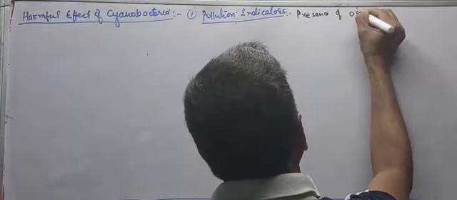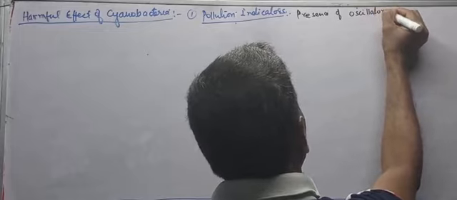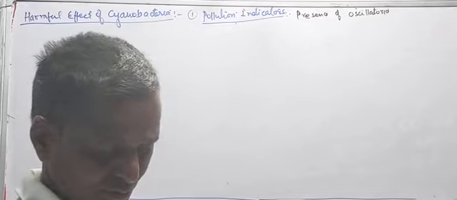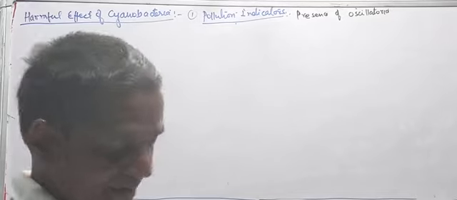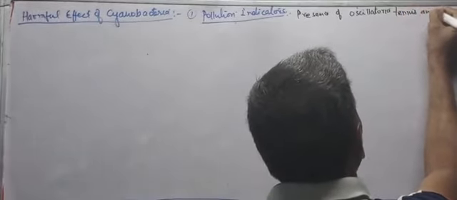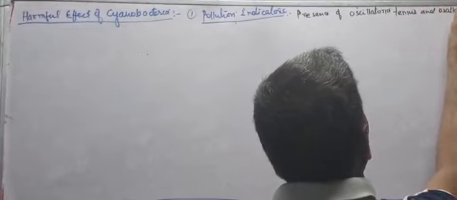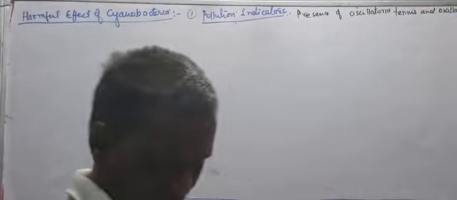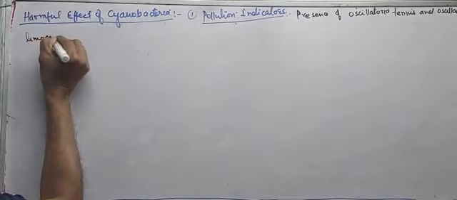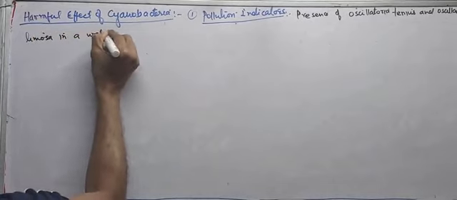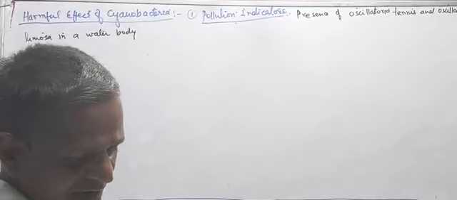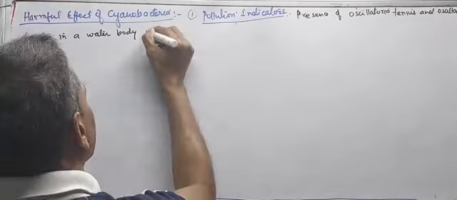Presence of Oscillatoria tenuis and Oscillatoria limosa in a water body indicates pollution by organic matter.